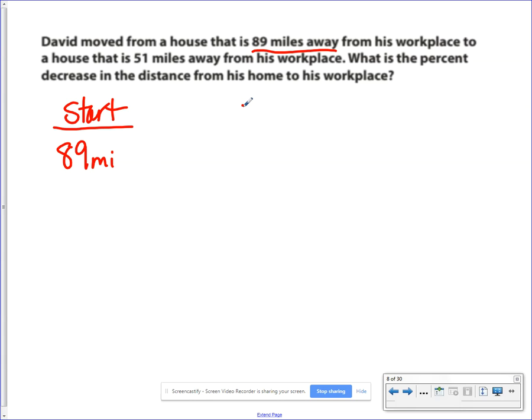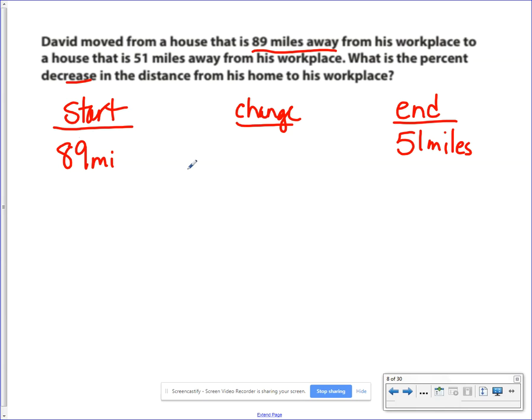Now, we don't know what the change is yet, but he moved to a new house, and now his ending spot is only 51 miles away. Now, in my world, that's still too far for a daily commute, but some people want to stay in their current house, or that's just the demands of their job. So what is the percent decrease?